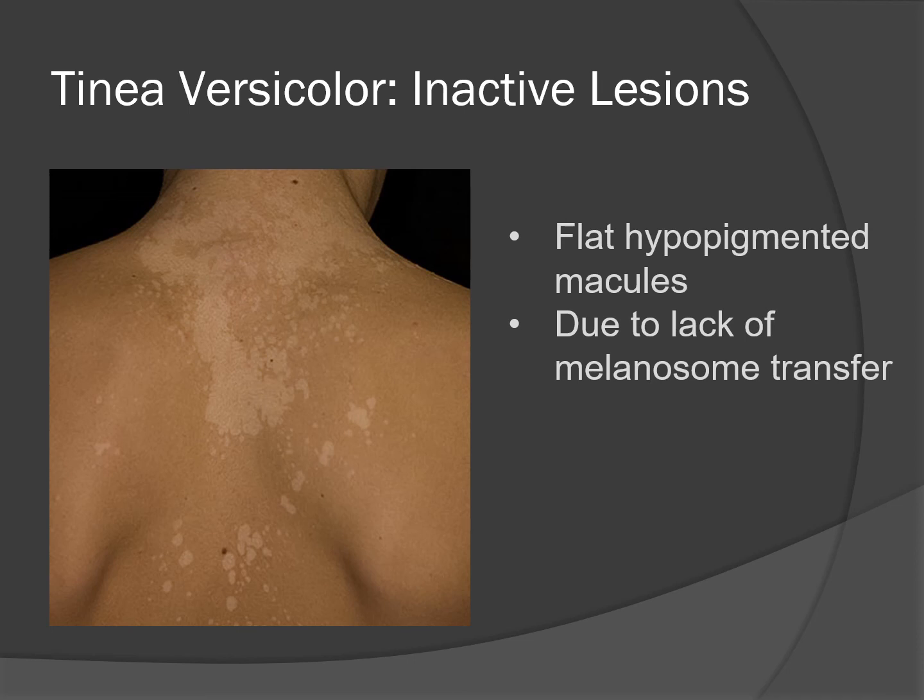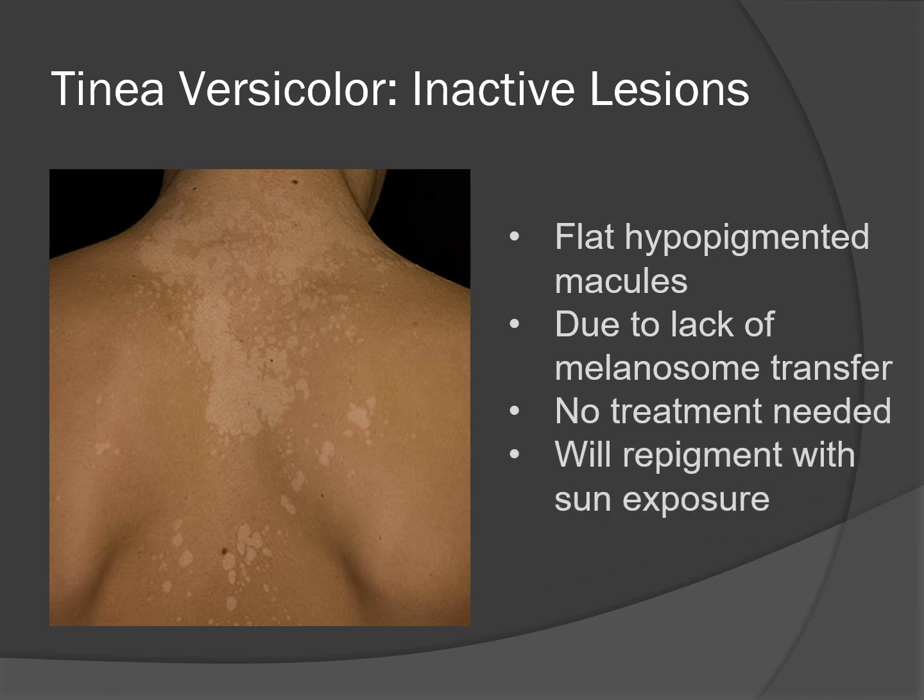So much so that even when the lesions are cured and there's no longer any fungi, the lesions remain hypopigmented. But this is a very temporary situation. No treatment is needed. All the patient needs to do is expose themselves to the sun, and just by the resumption of the normal melanosome transfer of pigment to the keratinocytes, these areas will repigment in time.